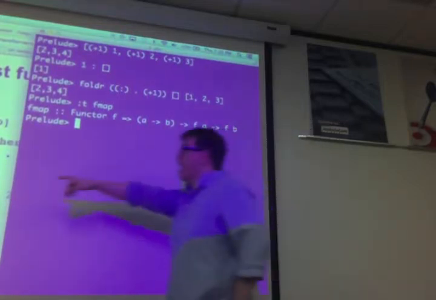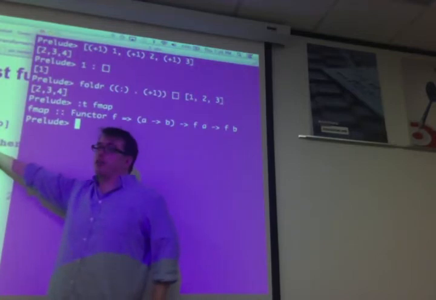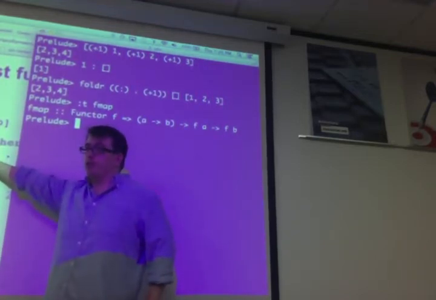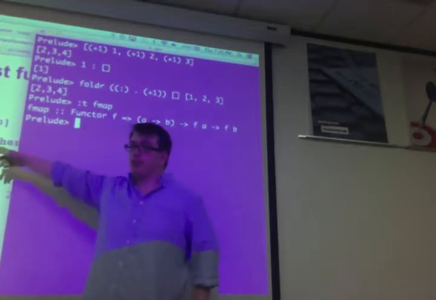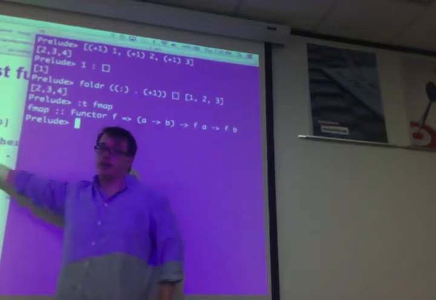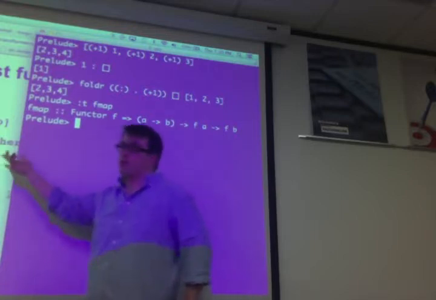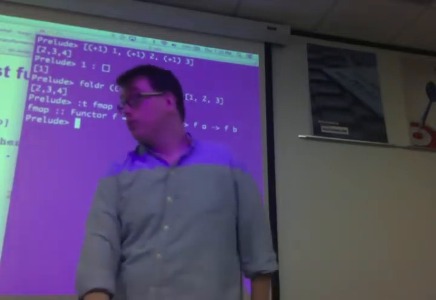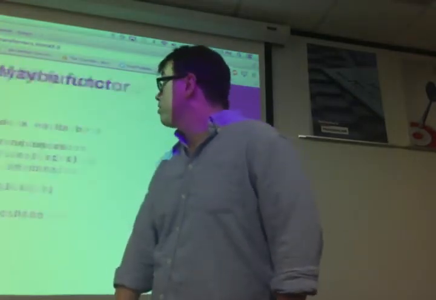We don't have anything to map over if this is already fully applied. Because this is actually like a function at the type level that takes an argument, which is itself a type. It's a higher kinded type. When we want to talk about the structure of types, we talk about kinds. And we will go into that.